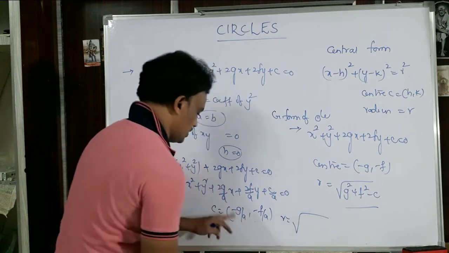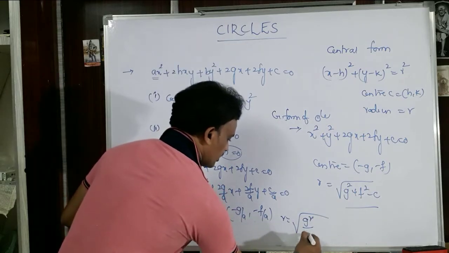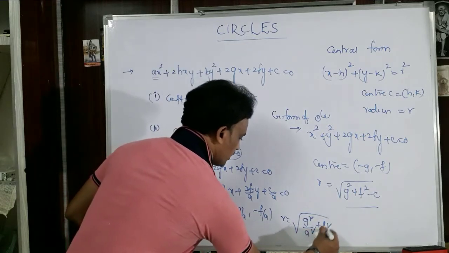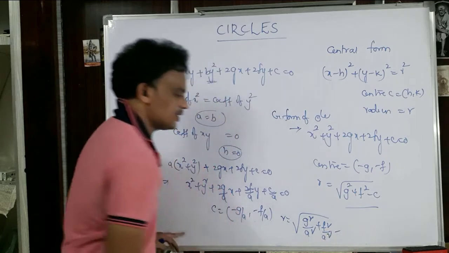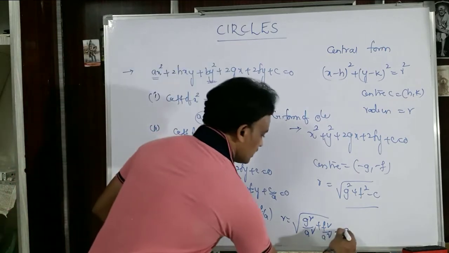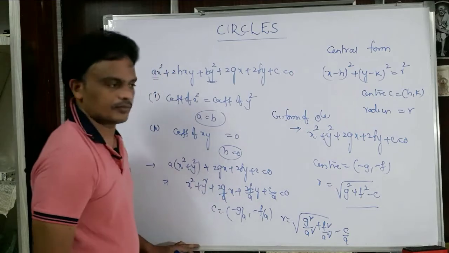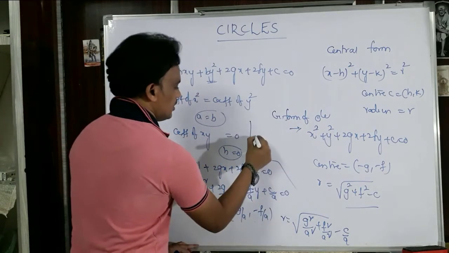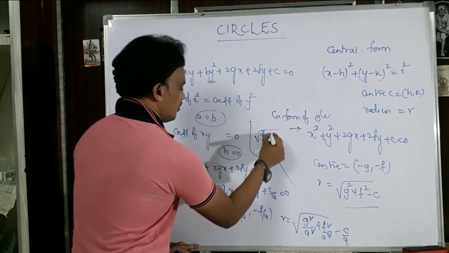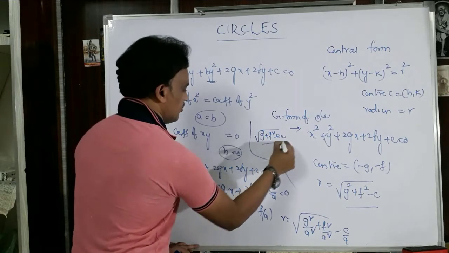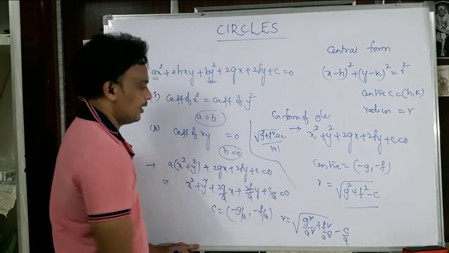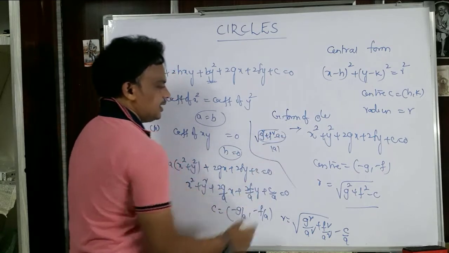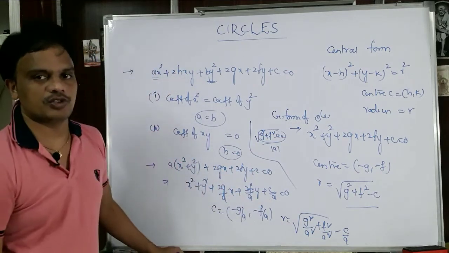Then what is the radius? The radius is root of g square by a square plus f square by a square minus the constant, which is c by a. So you can get the condition like this: root of g square plus f square minus ac, divided by modulus of a. The value under the square root must be greater than or equal to 0.